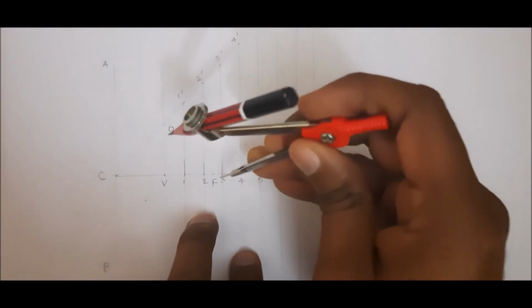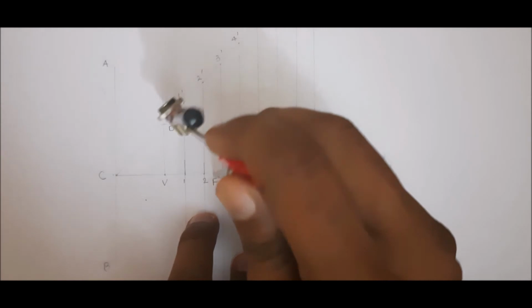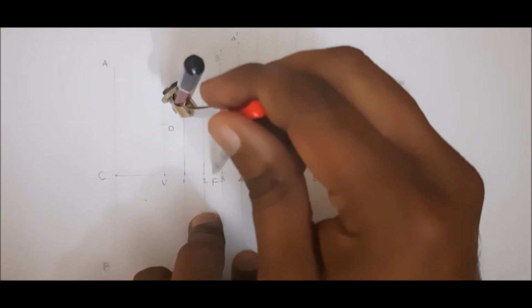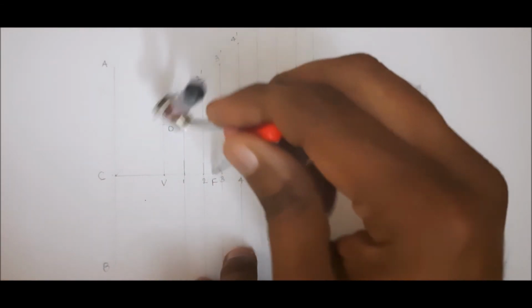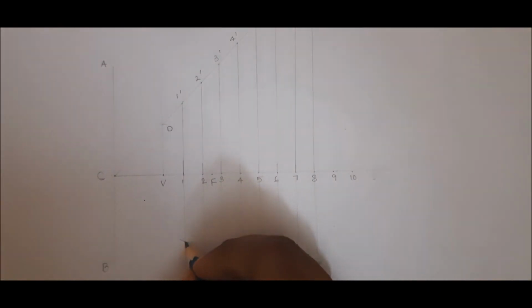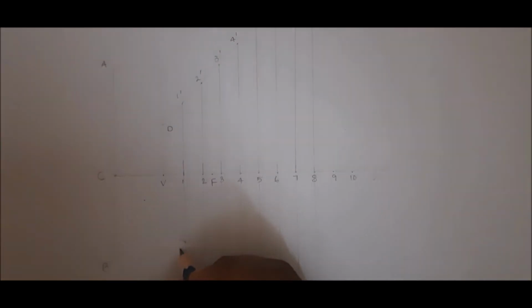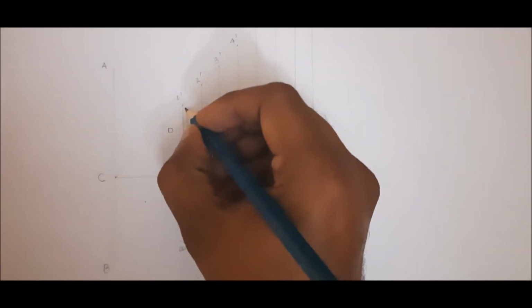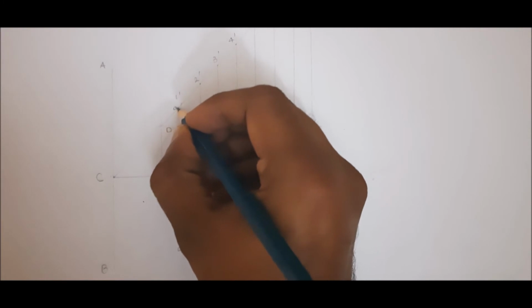Then with focus as center, I am going to cut an arc above 1 1 dash and below 1 1 dash. So after cutting this arc, I am going to mark this point as small a and this point as small a dash.